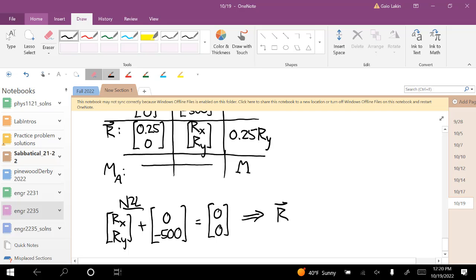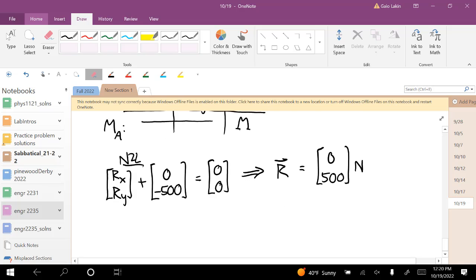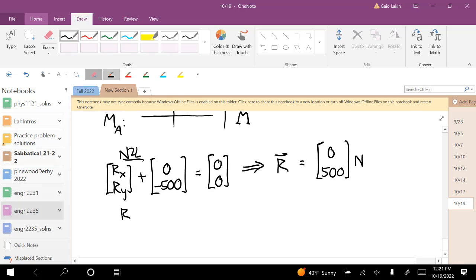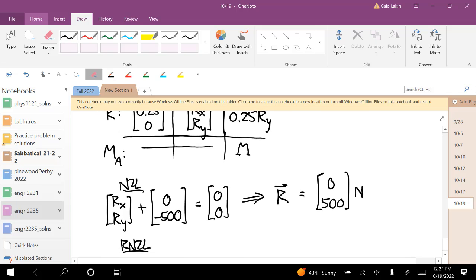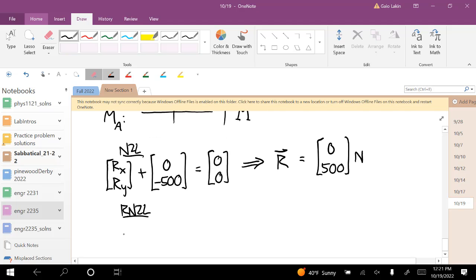So right away we can calculate that this R vector is 0 for X, positive 500 for Y. And then the moment equation says M plus 0.25 Ry is equal to 0. And so M is equal to negative 125 Newton meters.